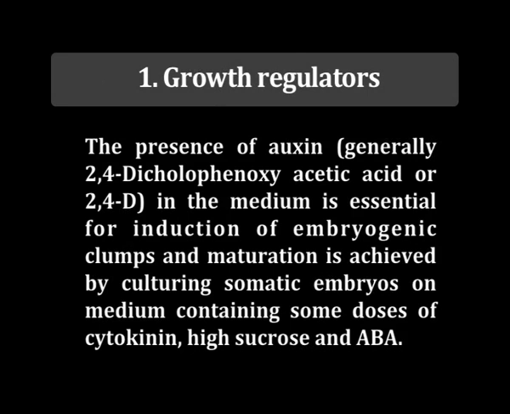The presence of auxin, generally 2,4-dichlorophenoxyacetic acid or 2,4-D in short, in the medium is essential for induction of embryogenic clumps, and maturation is achieved by culturing somatic embryos on medium containing some doses of cytokinin, high sucrose and abscisic acid or ABA.